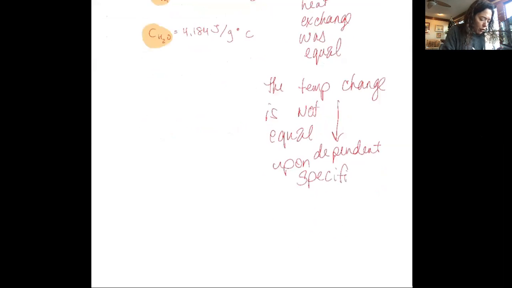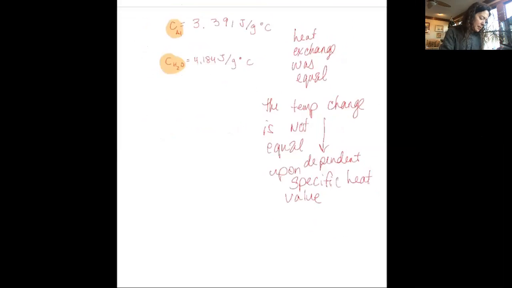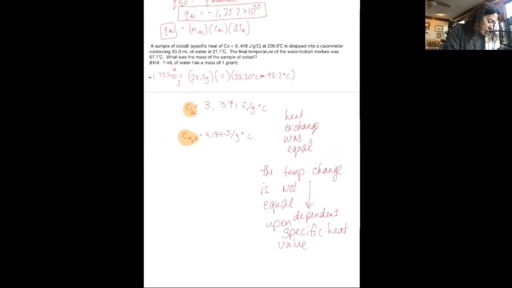right? The lower the specific heat value, the easier the substance heats up, right? It takes aluminum 3.391 joules to raise 1 gram, 1 degree Celsius.